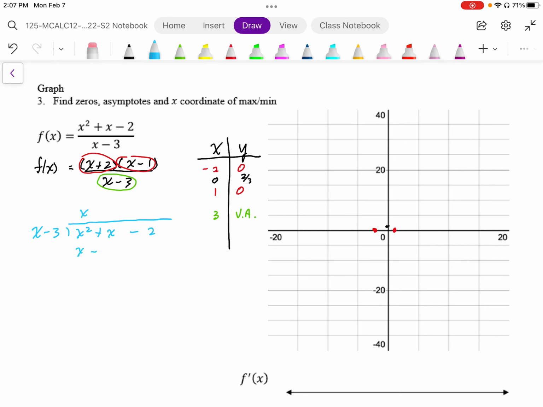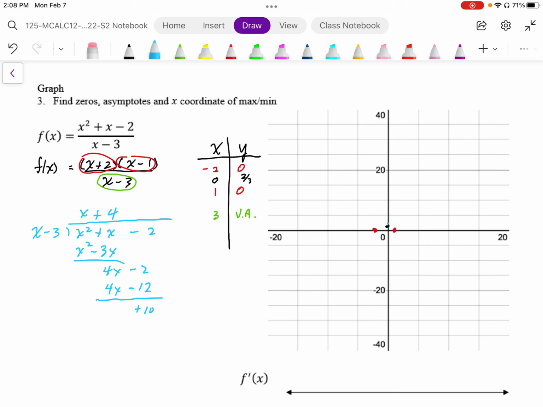So we end up with x, we end up with +4, and we end up with a remainder of +10. In this case here, our slant asymptote then is going to be x plus 4.